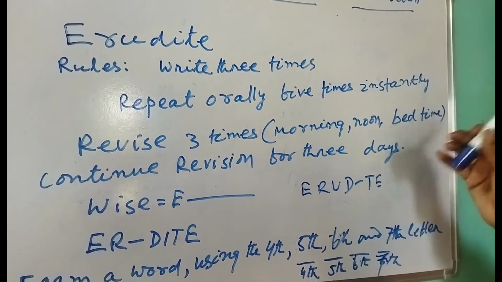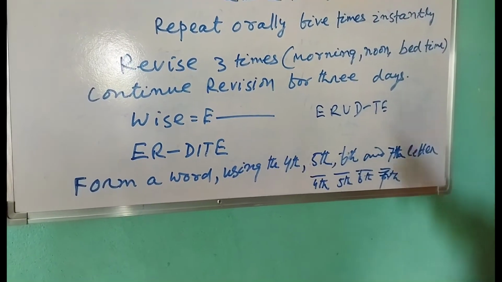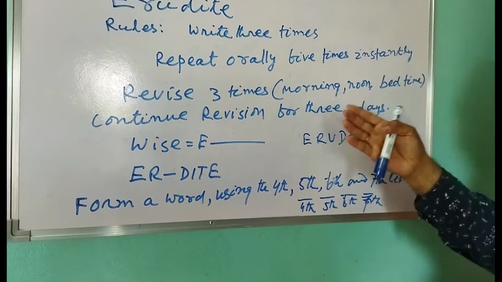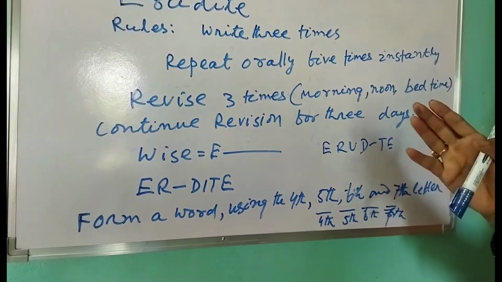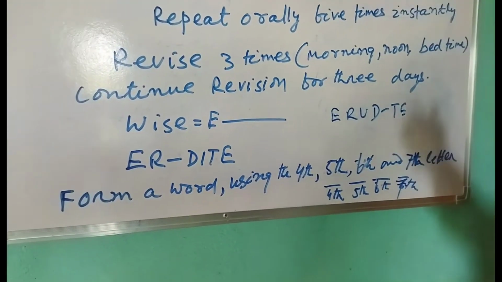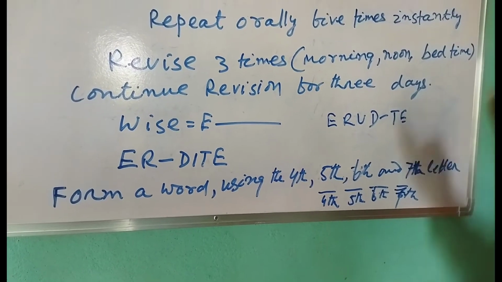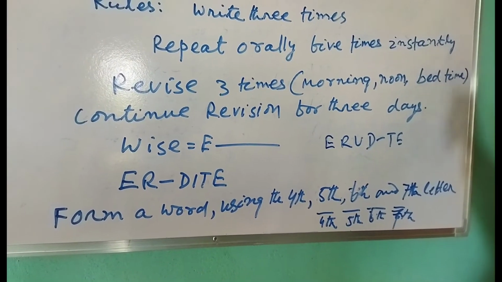So an acronym must be there for every word you know. Write three times instantly, repeat orally five times instantly, revise three times morning, noon, night, continue revision for three days. Whenever you are on your cycle or taking rest or sitting silently, revise this word erudite.